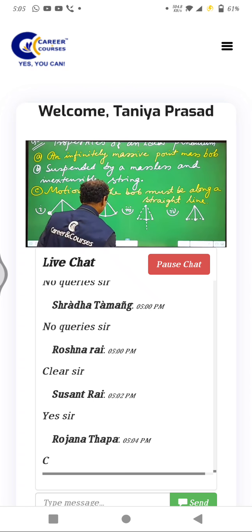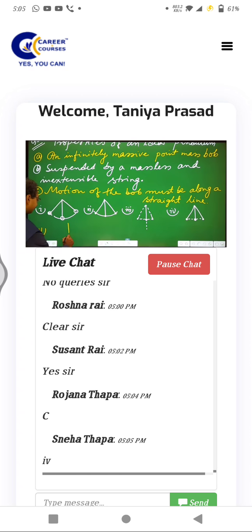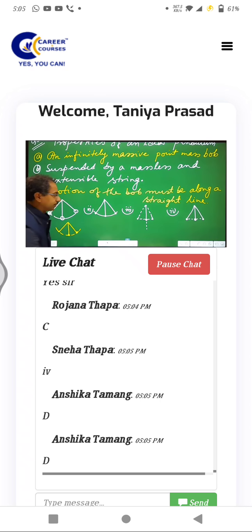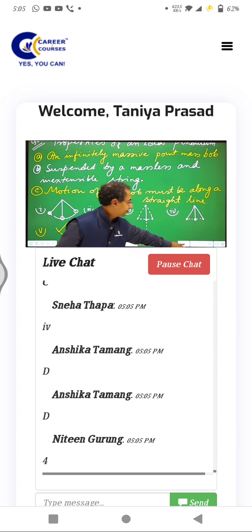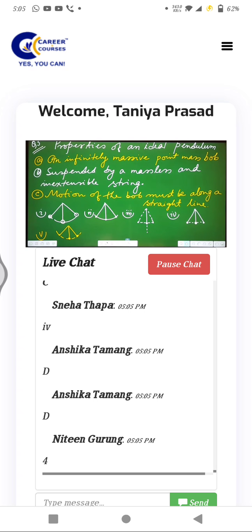Properties of a simple pendulum. Let there be 5 options. Just tell which one out of these 5 ideally represents all the 3 properties of a simple pendulum.